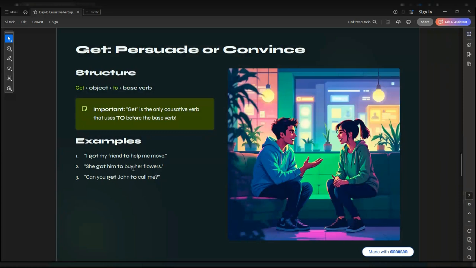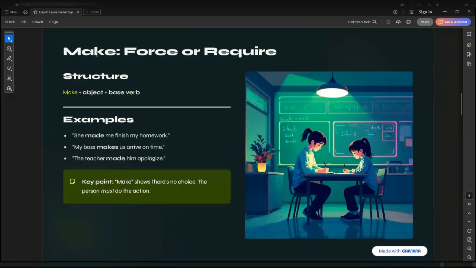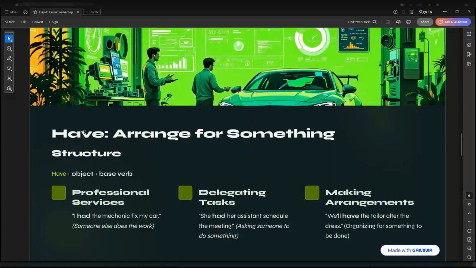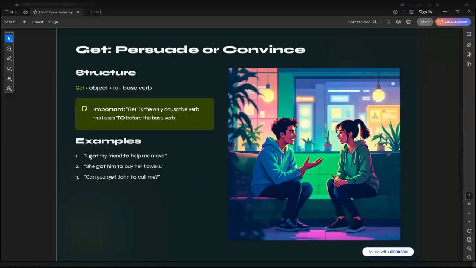I'm not forcing him, I'm not asking him, I'm not buying him, I'm not letting him, I'm not making him, and I'm not having him. But I got him, like I made him do something. So I got my friend to help me move. Got is get, the object is my friend, and the base verb is move.